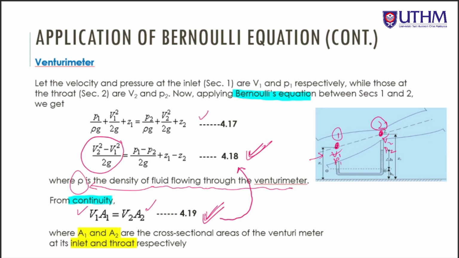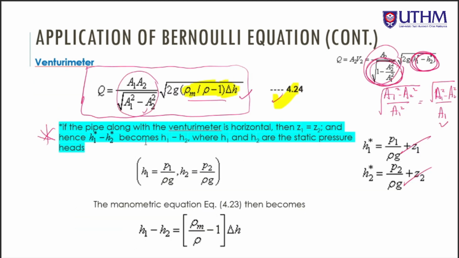Okay, but if let's say a pipeline along the venturimeter is horizontal, then Z1 is equal to Z2. Betul tak? And hence H1 star minus H2 star will become H1 minus H2, kan? Sebab H1 star kan benda ni, H2 star kan benda ni.